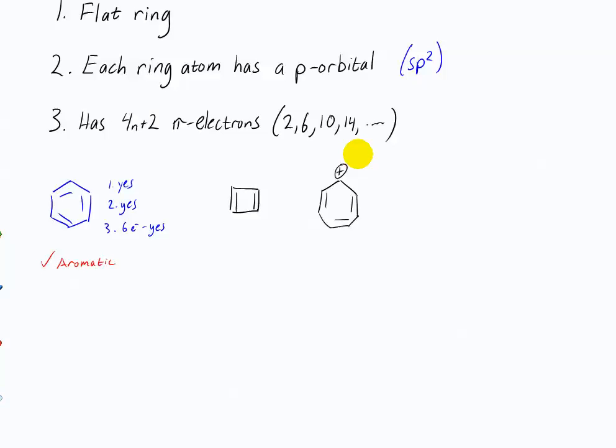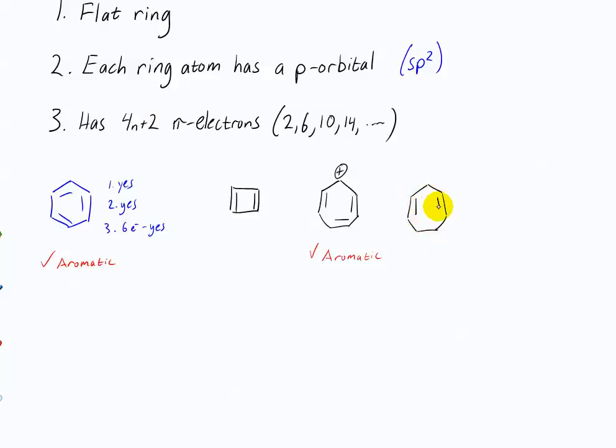Yes, it is. Does each ring atom have a p orbital, or is sp2 hybridized? Yes, it is. And the tricky part here is this cation. What's the hybridization of a carbocation generally? sp2. Right? It's got 3 things on it. It's flat sp2. So it does. And then how many pi electrons does it have? 6. So yes, this one is also aromatic.